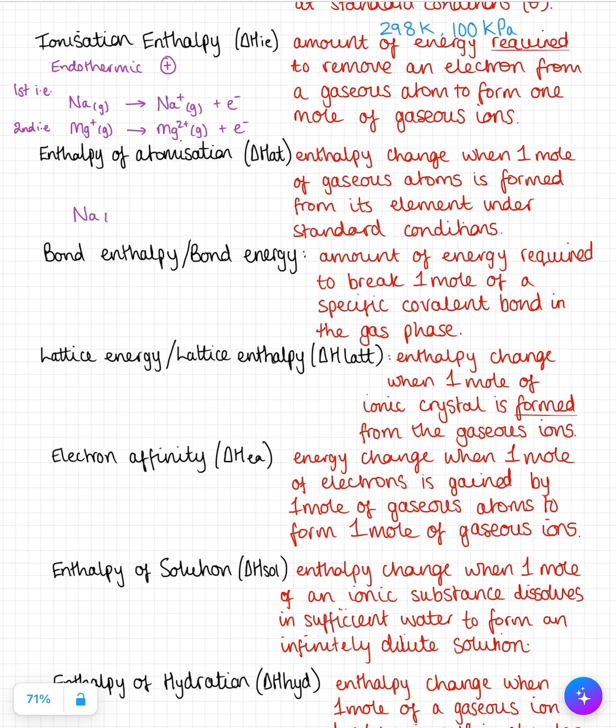For example, we've got 1 mole of sodium as its element in its standard conditions to form 1 mole of gaseous sodium atoms. So we have to overcome or break the bonds between the individual atoms. Therefore, endothermic, and atomization is always positive.